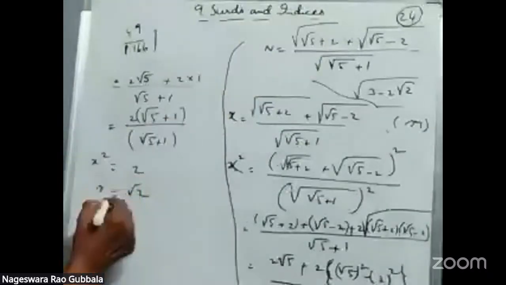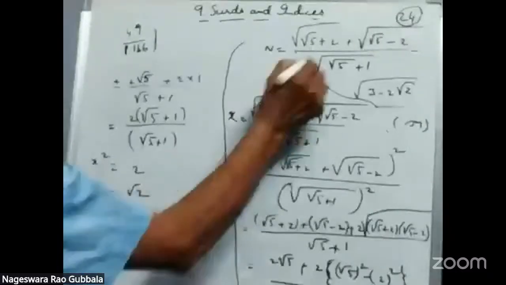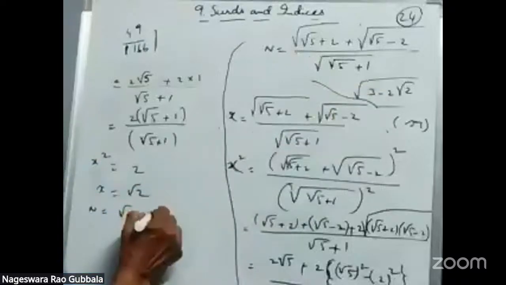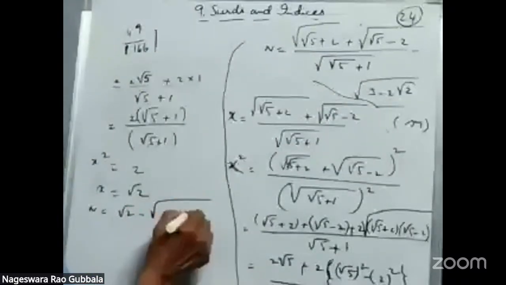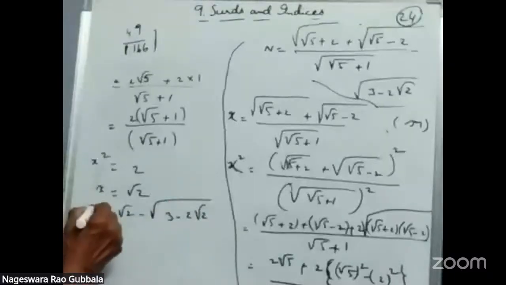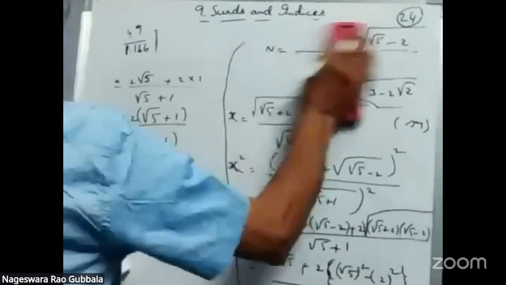So given expression is n is equal to first part is root 2 minus root of 3 minus 2 root 2. One more simplification.